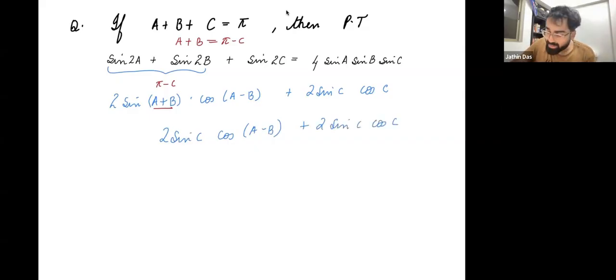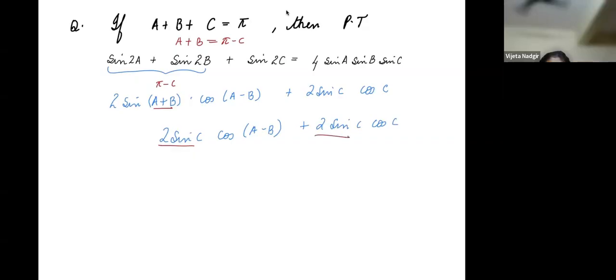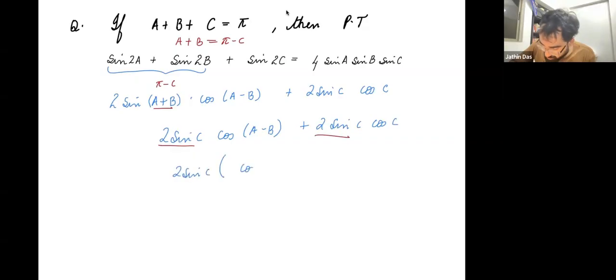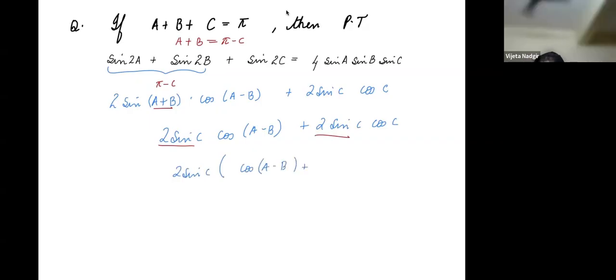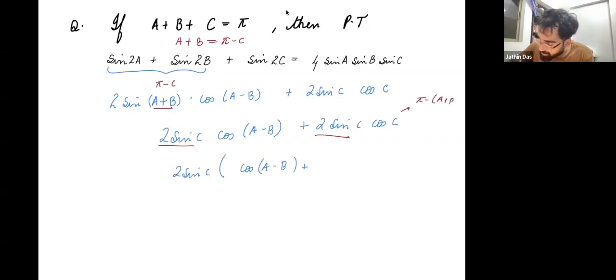Now what can I take common? 2 sin C. So 2 sine c cos a minus b plus cos pi minus a plus b. Now cos 180 minus theta is minus cos theta. So I'll put a minus here and cos a plus b.